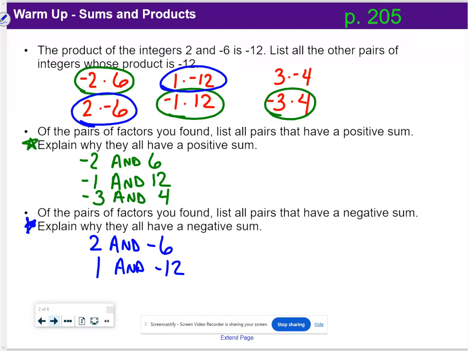I think I said negatives on the first one also. I hope I did. There's more negatives in both of those. And also here, 3 and -4, there's more negatives. That's why we would get a negative sum. The factoring that we've done so far, we haven't been dealing with numbers that have different signs. So that's a difference for today.